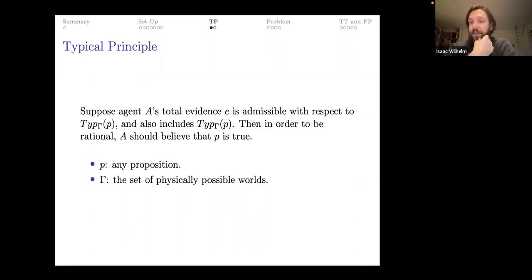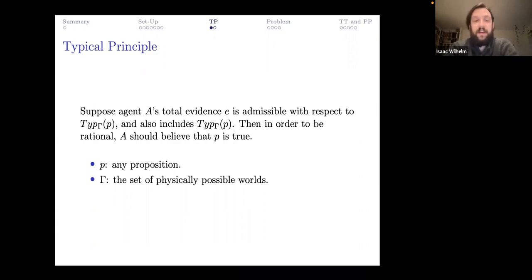And this is the part that I was wondering about, a question about Tim's proposal, an open question: is there some very intuitive principle that says this happens if and only if some sort of fact about typ P and E holds? But anyway, for the typicality principle, if A's total evidence E is admissible with respect to typ P and also includes typ P, then in order to be rational, A should believe that P is true, where P is any proposition.